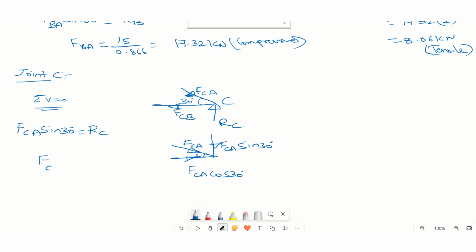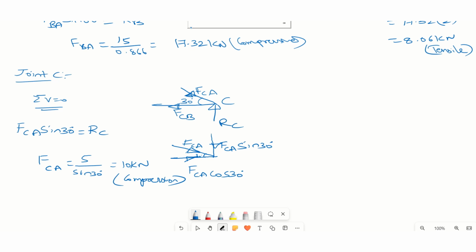Then FCA equals RC, which we already know is 5 kilonewton, divided by sin 30, that is 1 by 2, so 5 into 2, that is 10 kilonewton. We get a positive value, so our assumption of member direction is correct. The assumption of towards the joint means the nature is compression, so the nature of the FAC member, or FCA member, is compression.